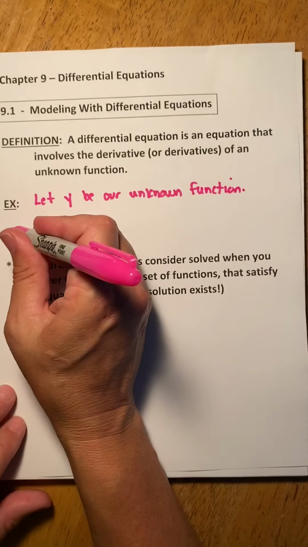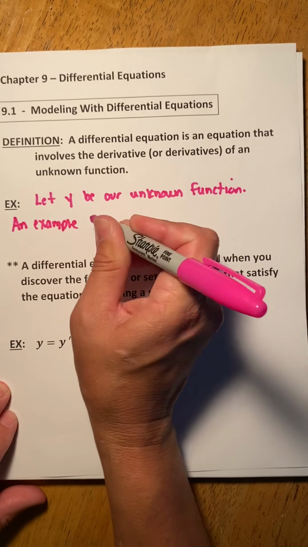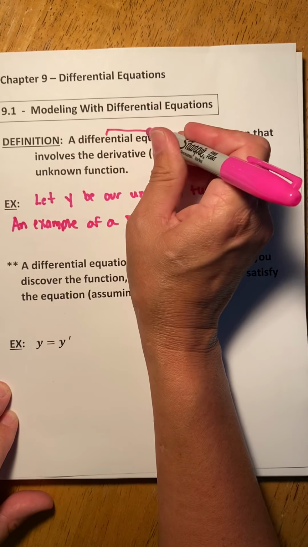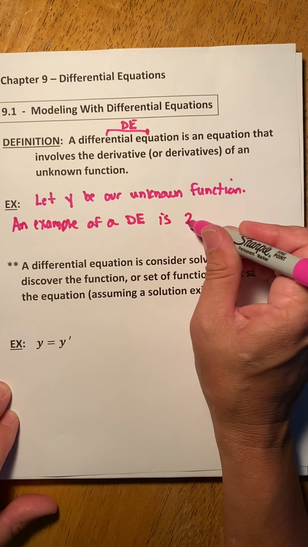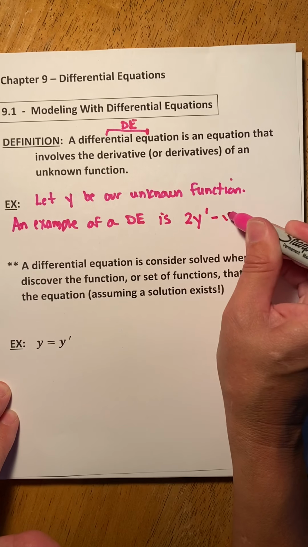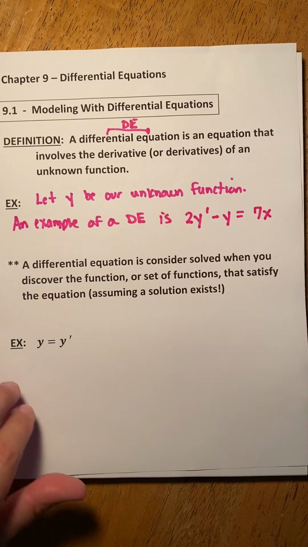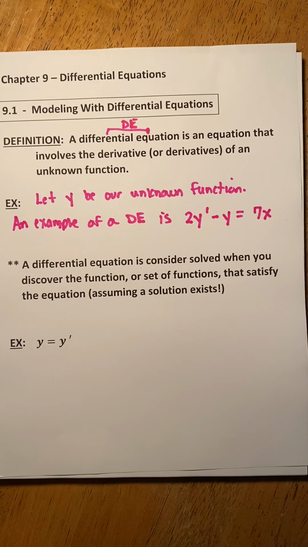Then an example of a differential equation, we often abbreviate differential equations with DE, is, let's say, 2y prime minus y equals 7x. So here we're looking for a function y such that 2y prime minus y equals 7x.